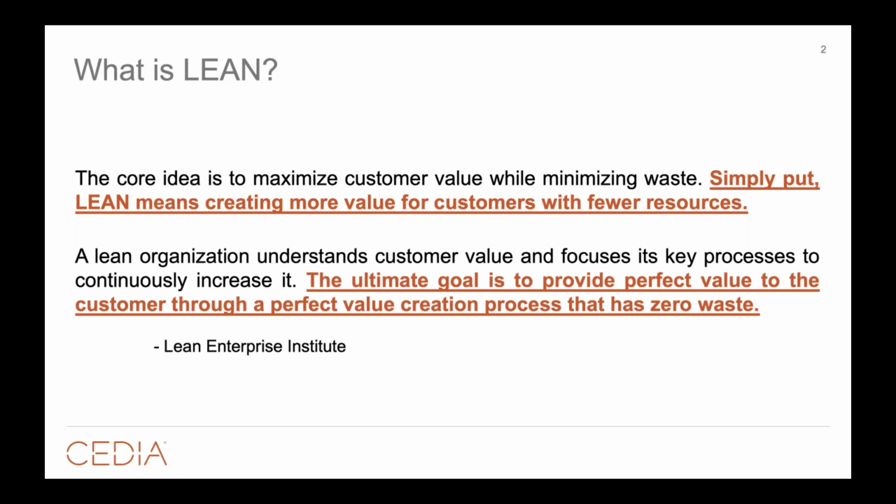And ultimately, our goal here is to provide value to those customers with a defined process that has zero waste, no wasteful activities, no loss of time, no added expenses that we can get away from. So our goal is really to create value for our intended audience without a lot of added waste.